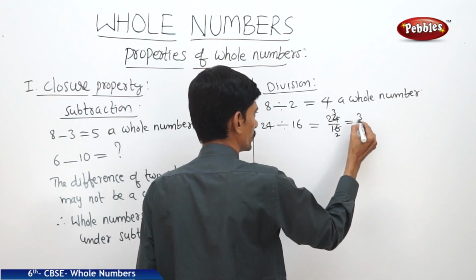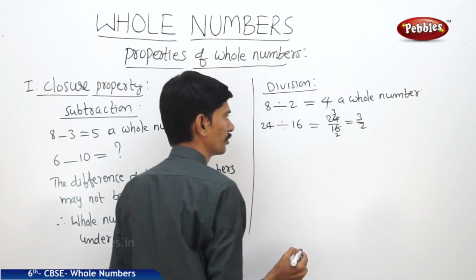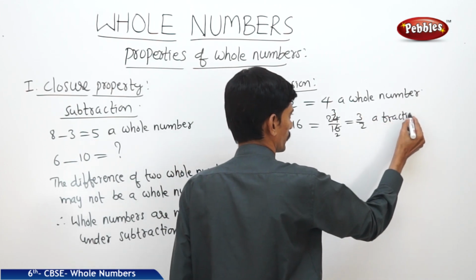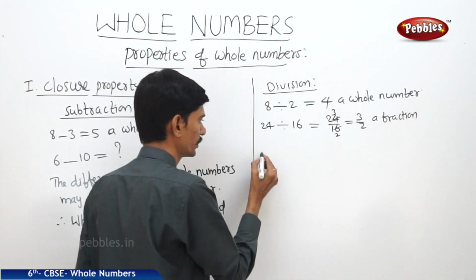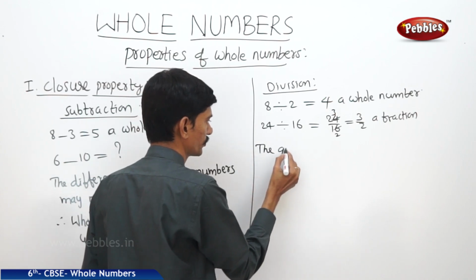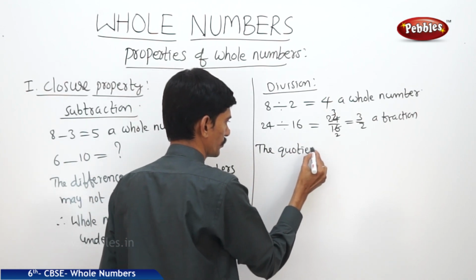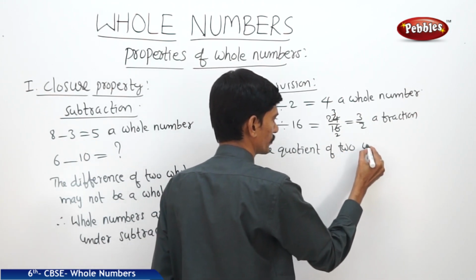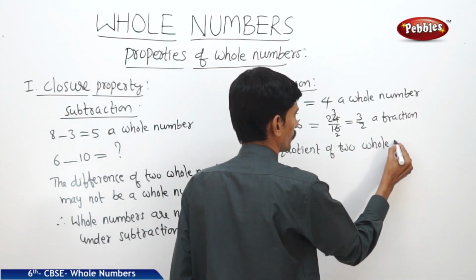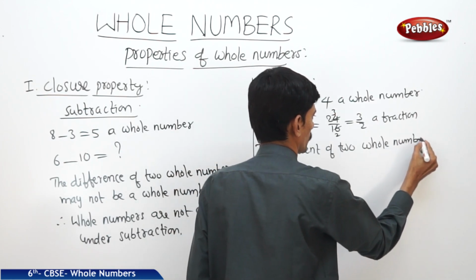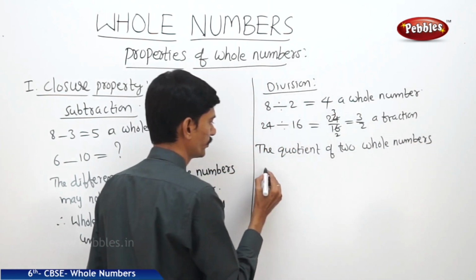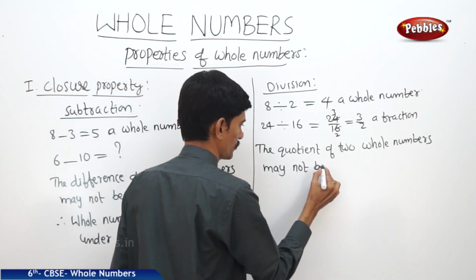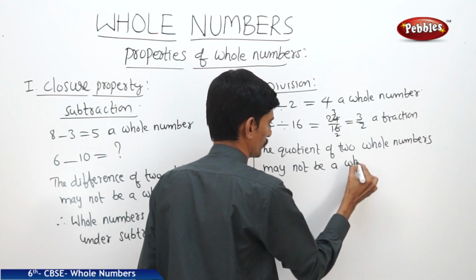So this equals 3 by 2, which is not a whole number. This is a fraction, which is not a whole number. So the quotient of two whole numbers may not be a whole number.